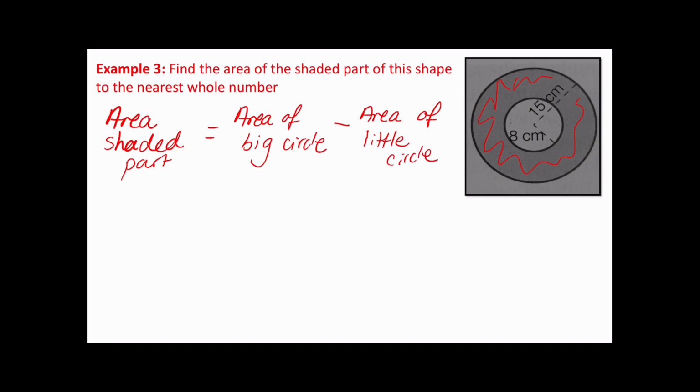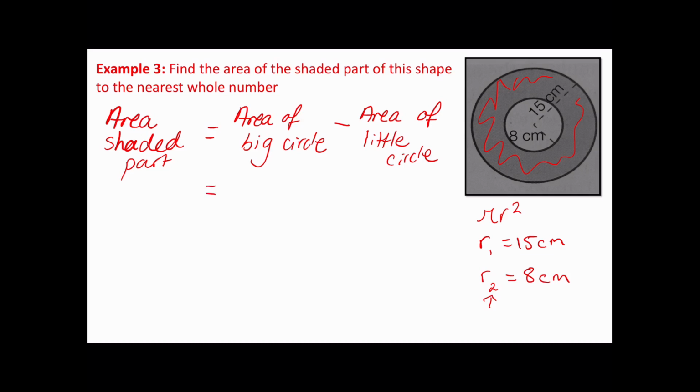Okay, so the radius, let's have a think about this, because my area of a circle formula is pi r squared. So my big radius, I'm going to call R1, is 15 centimeters, and my little circle radius is 8 centimeters. If you've got two values that are representing the same descriptive thing, you can just use these little subscripts to differentiate between the two.